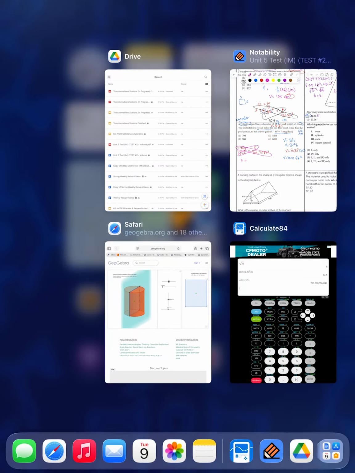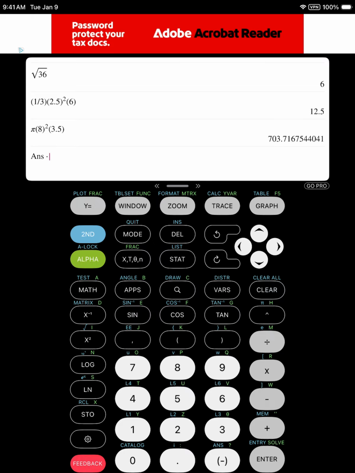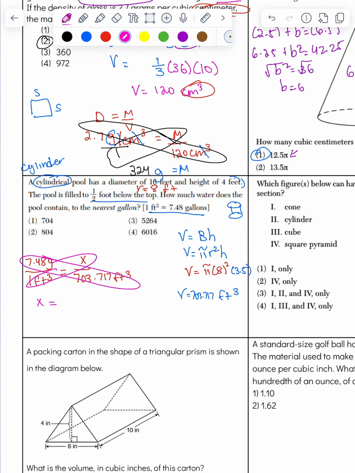And we see that we're multiplying by 7.48. And that's approximately 5,263.8. And it does say to the nearest gallon, so we're going to round up. And that's 5,264 for the total volume.